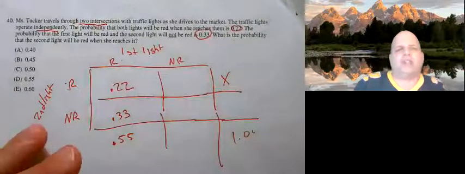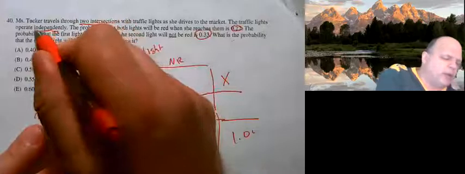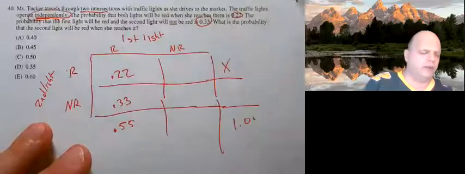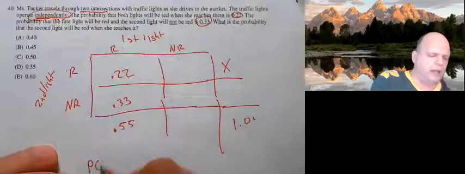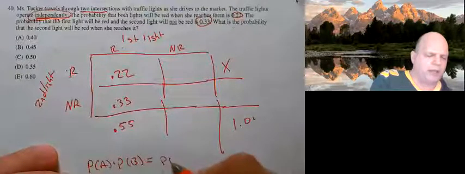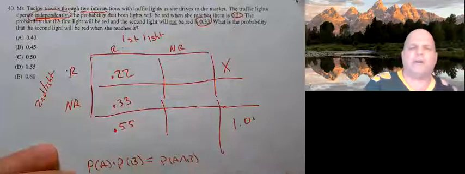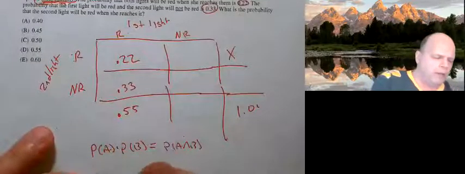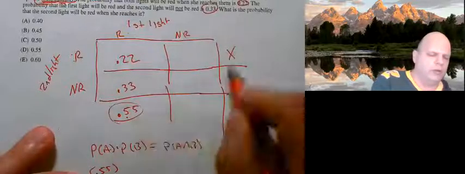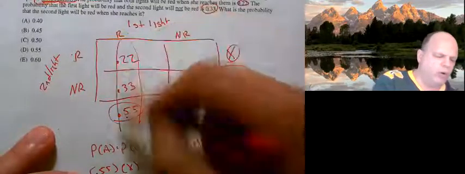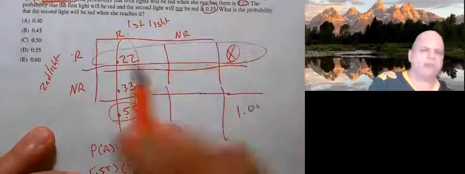And normally I'd be stuck, but they told me something. They said that they were independent. And if they're independent, I can say, hey, the probability of A times the probability of B equals the probability of A and B if they're independent. That's only true if they're independent. So I can go 0.55, that's this value, times my X has to equal my intersection.